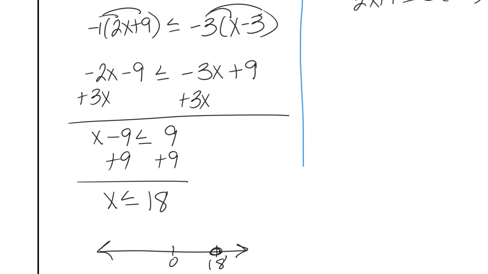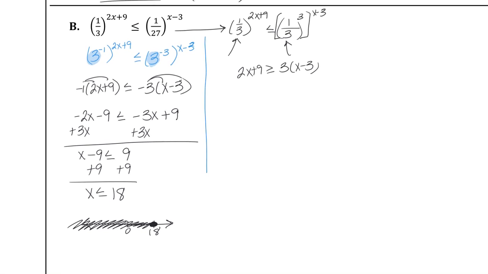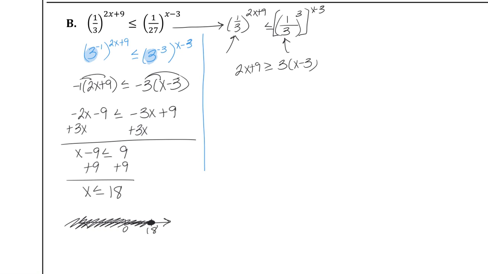I'm allowed to choose 18 because it's less than or equal to, and I might also choose any value that is to the left of 18. If I chose those values and plugged them back into my original, then that inequality would remain true. That statement would remain true. The left side would always be less than or equal to what showed up on the right side.